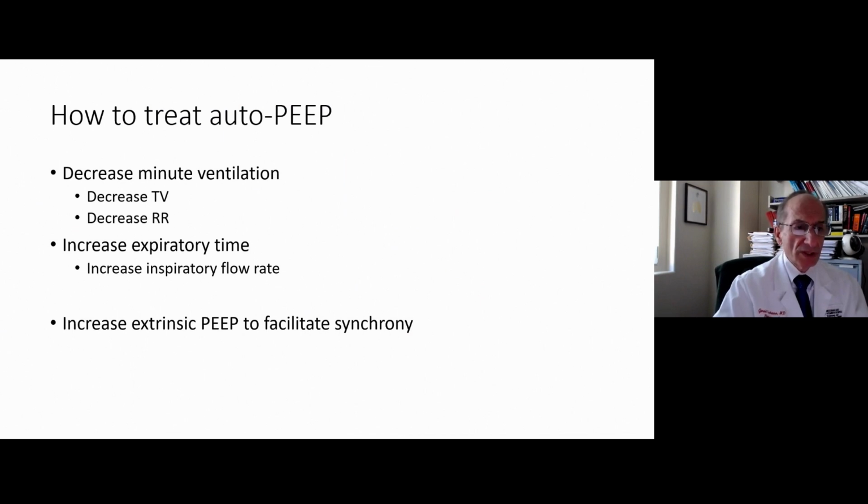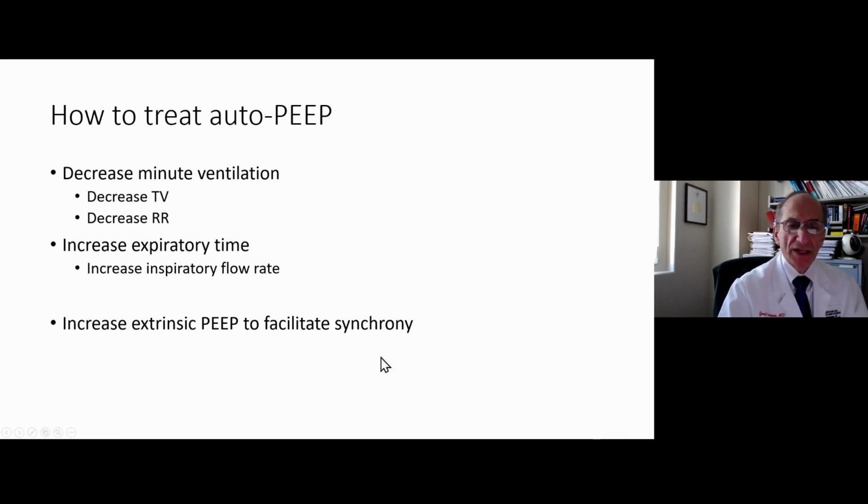The way to deal with it is, if you can decrease the respiratory rate, that's probably the best way to do it, but that's sometimes difficult. Decreasing the tidal volume similarly can allow for greater exhalation of that tidal volume before the next one is delivered. Increasing the inspiratory flow can sometimes be helpful because it shortens the inspiratory time, so it can slightly increase the expiratory time.